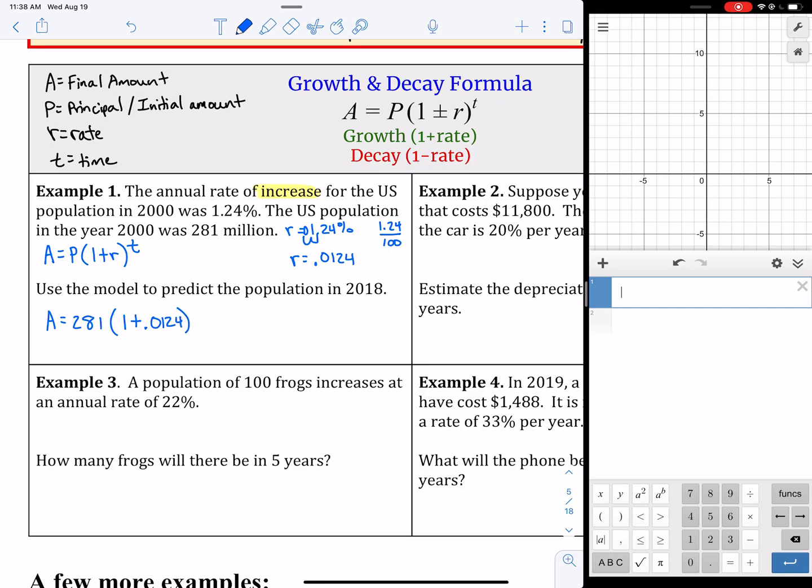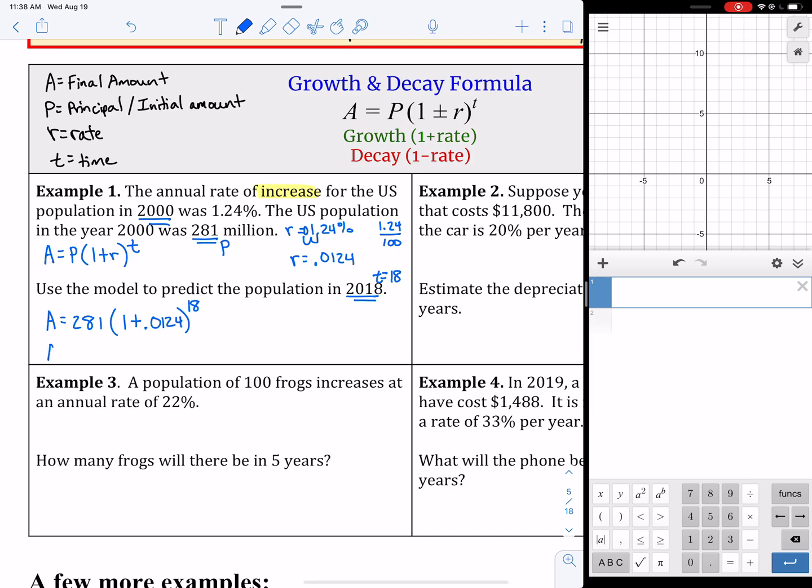So notice they said that the year 2000 was when we are looking at this initially, and we want to predict the population in 2018. So from 2000 to 2018, 18 years have gone by. So that's your time. So T would equal 18. And then 281 million, that was your P value, your initial amount.